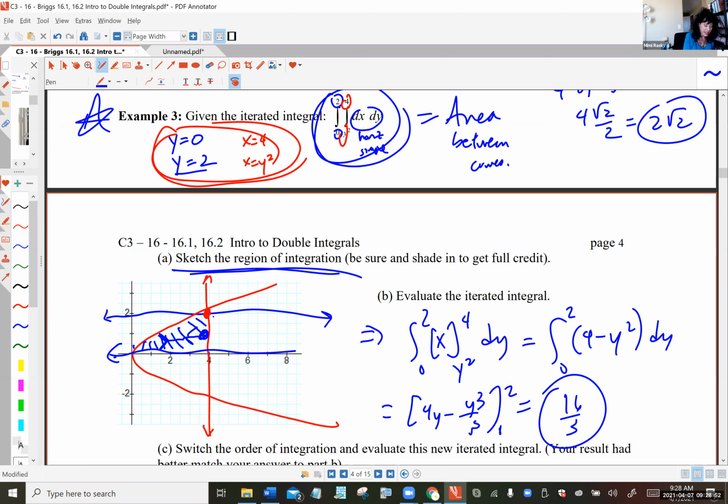Notice that the man's head is located on the straight line x equals 4, and that's why the 4 on that innermost integral was the upper limit. And then the little man's feet, since he's sitting sideways, are on this parabola, which had the equation x equals y squared. So y squared was the lower limit for x. So they were treating that as horizontally simple.